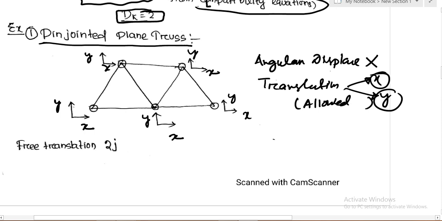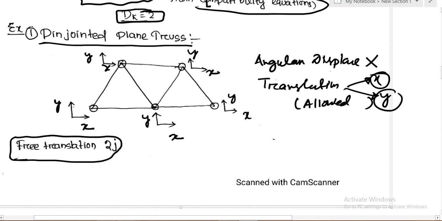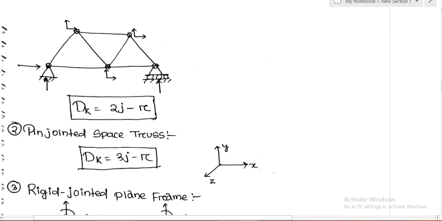So free translation for each joint is how much? Free translation for each joint is 2 into j. For each joint, 2 translations, so free translation is 2j. Now if you talk about the kinematic indeterminacy, meaning how many independent displacements in total, suppose j is the total number of joints.